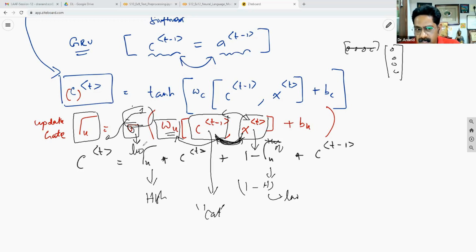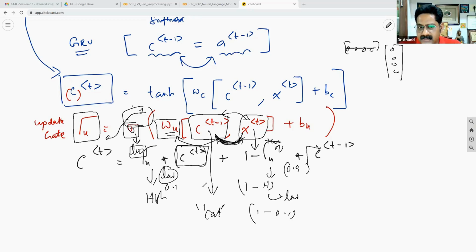So the sigmoid function gives a low value, and that low value is a magnitude. Say for example, you give 0.1 to CT and 1 minus 0.1, a 0.9 scaling factor, to CT minus 1. How do you look at this? Look at your current memory: CT talks about the current token memory, whereas CT minus 1 talks about my previous state memory.